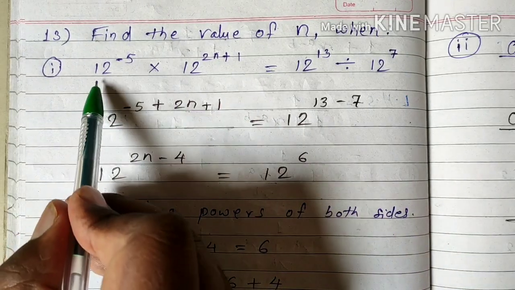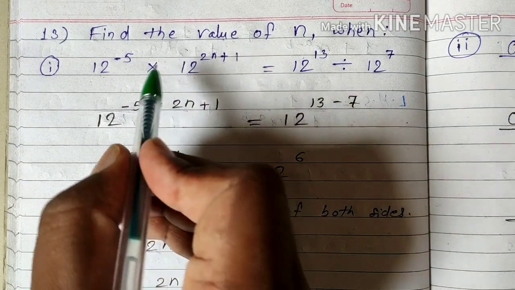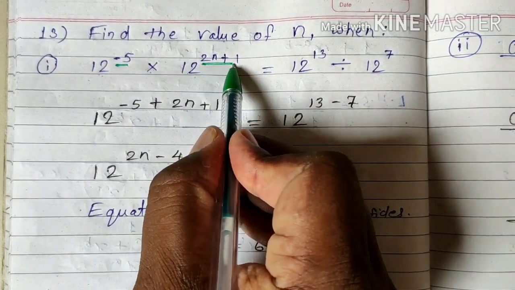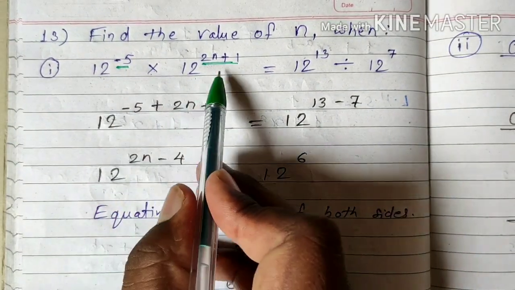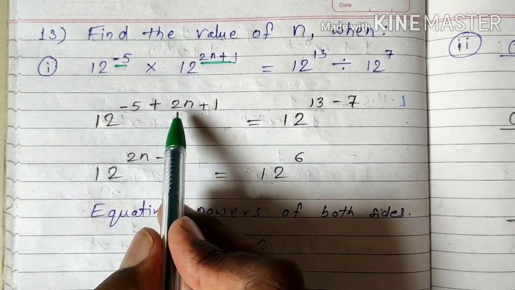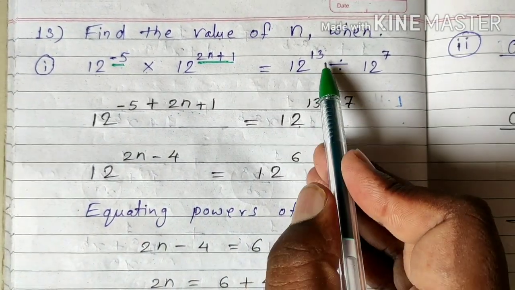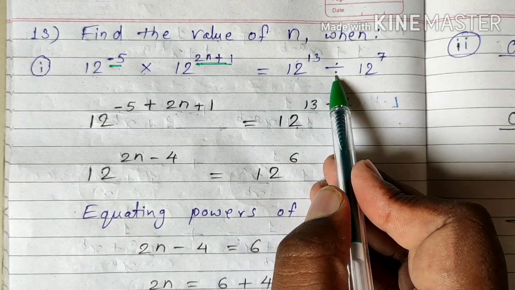Now, since their bases are equal and between them there is a multiplication sign, there should be the addition of their powers. So minus 5 plus 2n plus 1, addition of their powers. Similarly, on the other side the bases are equal and between them there is a division sign.